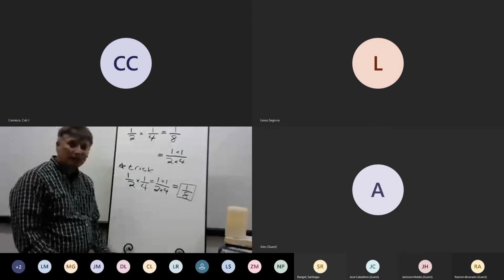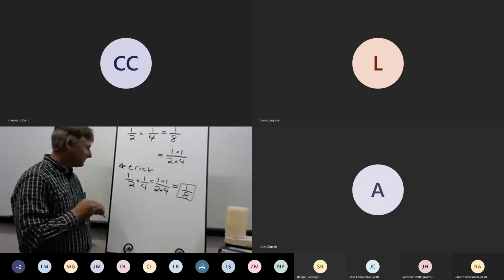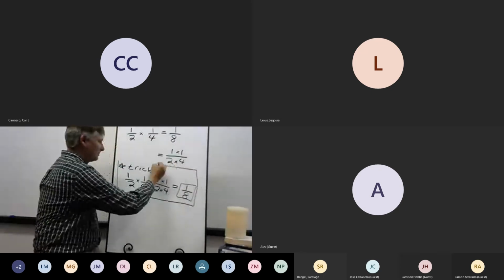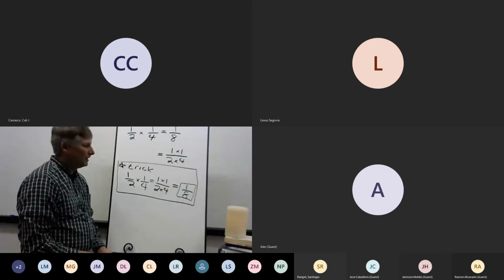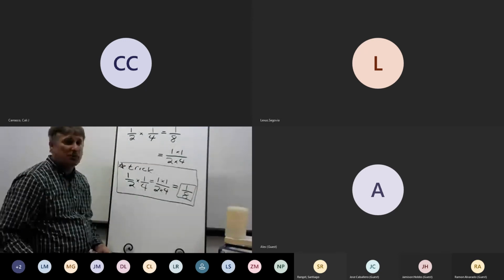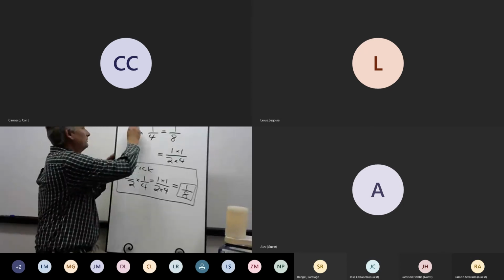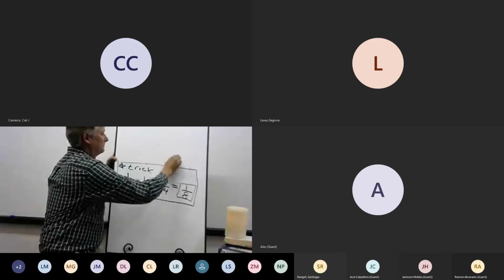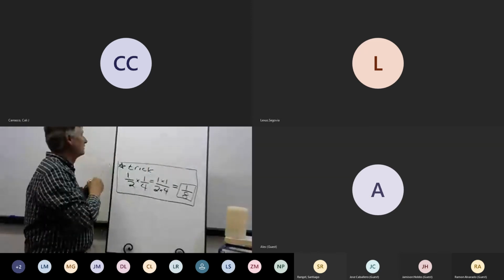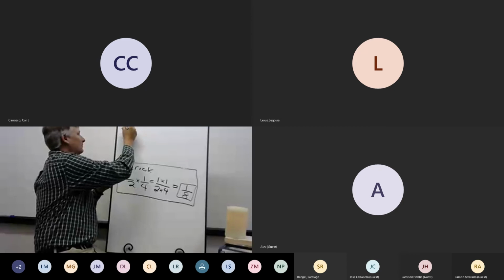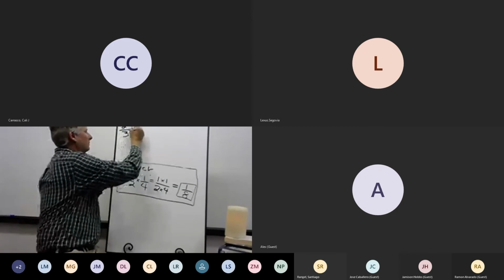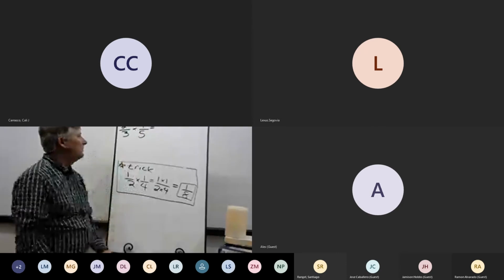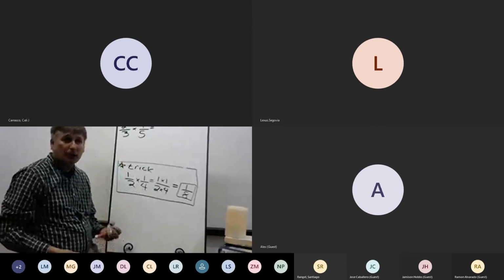Now we can answer all kinds of questions using this trick. So for example, let's say we have 2/3 times 1/5. Well, what we're going to do is just multiply across.